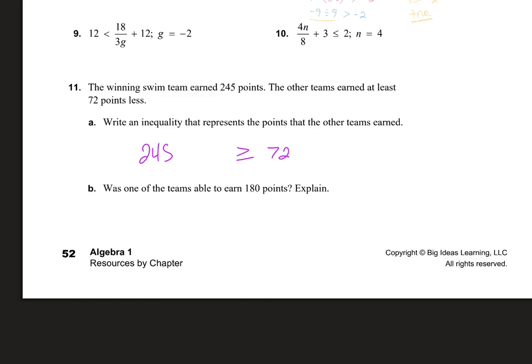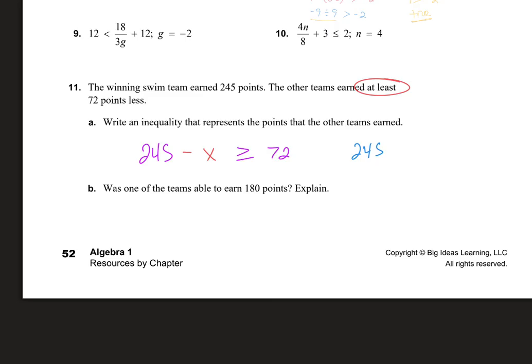So what I'm going to do is 245 minus some amount of points is... you know what? Let's go with greater than or equal to, because they earned at least 72 points less. And if you're wondering what the interpretation is here, I guess you could have done this.